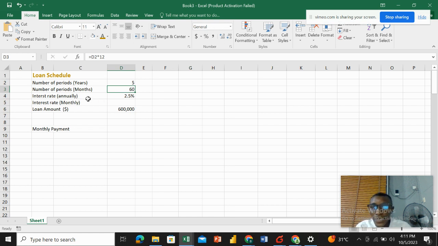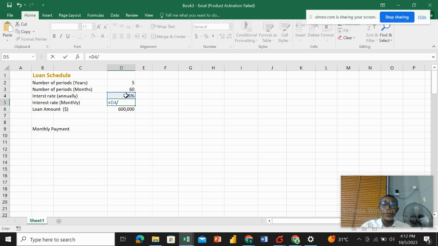So now this is our interest rate, the annual interest rate given to us by the bank according to the policy is 2.5%. We want to look at our interest rate monthly. So we are simply going to say interest rate divided by the number of months that we have in a year.